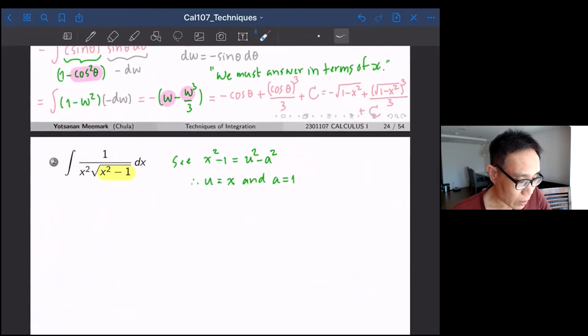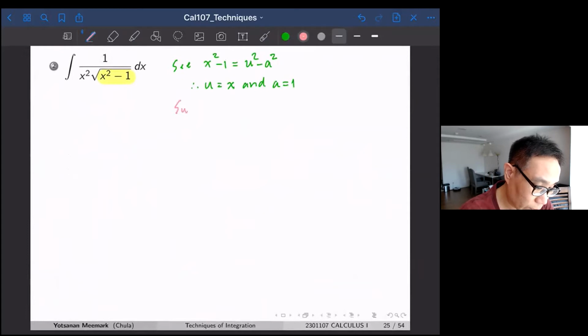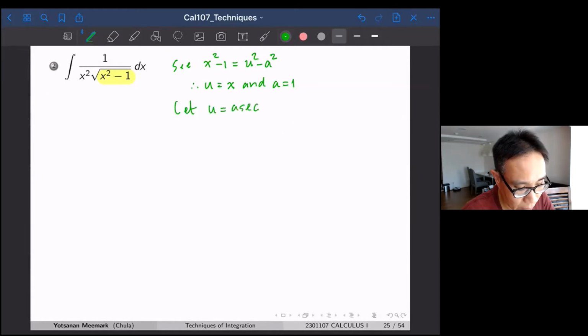The second one, you have the integral of 1 over x squared times the square root of x squared minus 1. As I mentioned before, x squared minus 1 looks like u squared minus a squared, with a equal to 1 and u equal to x. So you substitute: u equal to a sec theta.